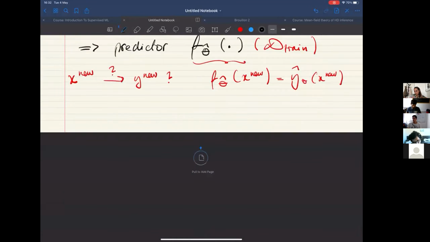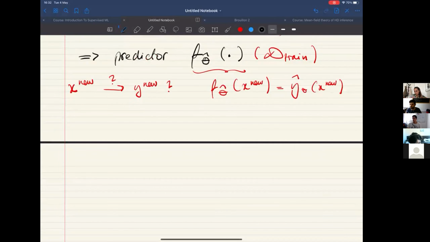Now, and maybe this is one of the most important points, and this is really the crucial point of machine learning, which makes it very different from classical statistics. You need to evaluate your model.